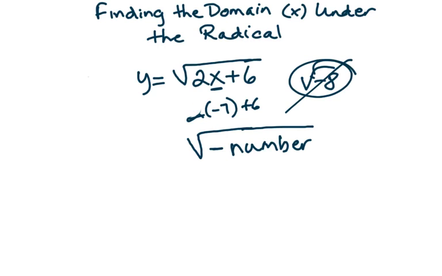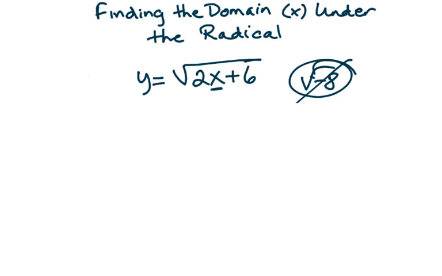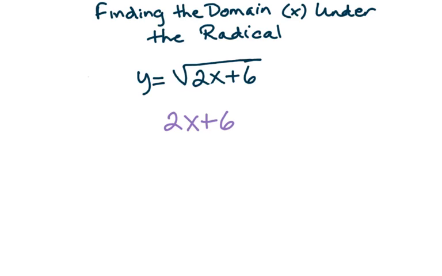As a matter of fact, what it has to be is greater than 0. Because if it's less than 0, what kind of numbers are less than 0? Negatives. So watch this. 2x plus 6 has to be greater than or equal to 0.